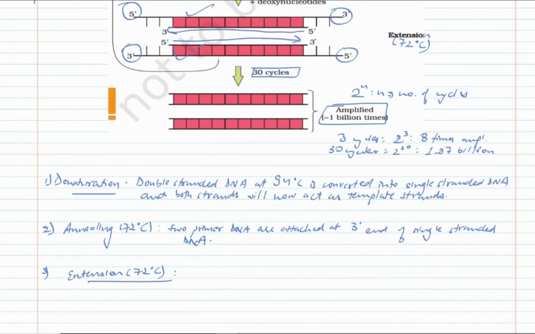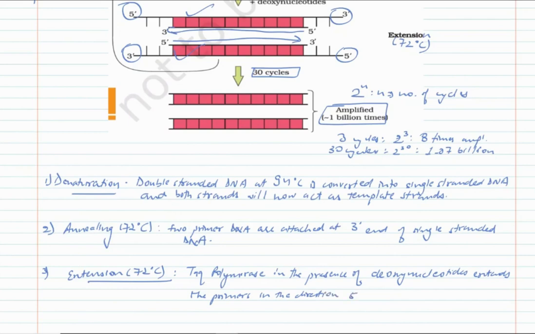Here, Taq polymerase in the presence of deoxynucleotides extends the primers in the direction 5 prime to 3 prime.